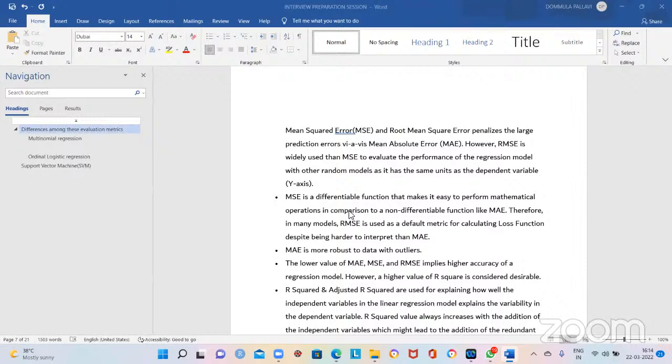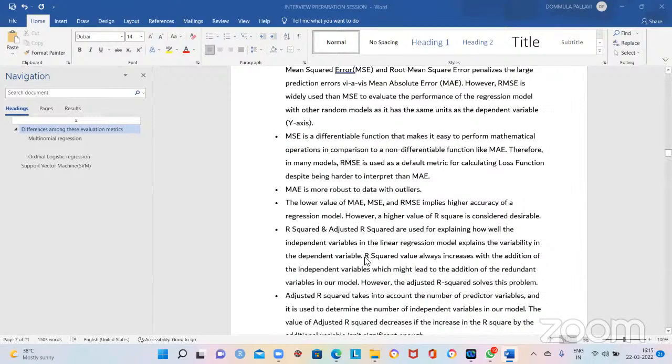A large prediction error means absolute error. However, RMSE is widely used over MSE to evaluate the performance of the regression model against other models, as it has the same unit as the dependent variable on the y-axis.